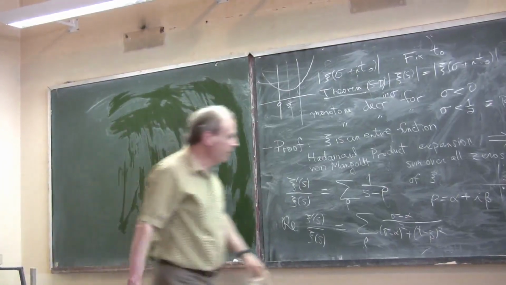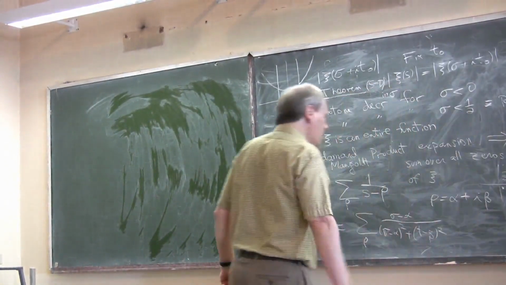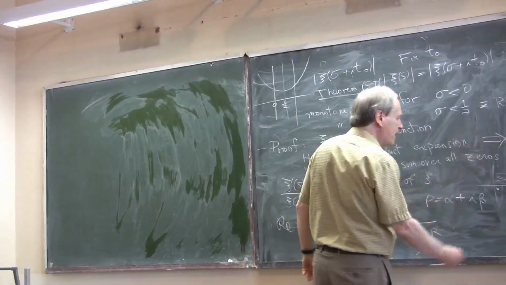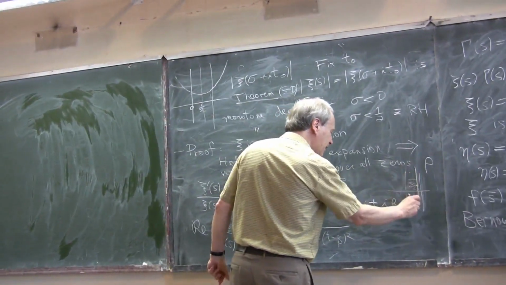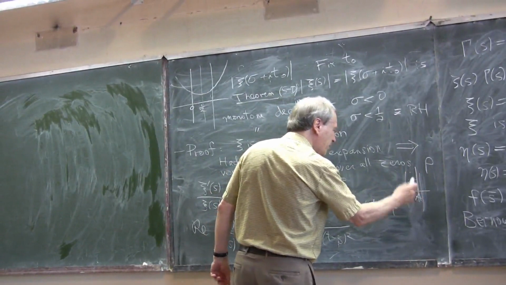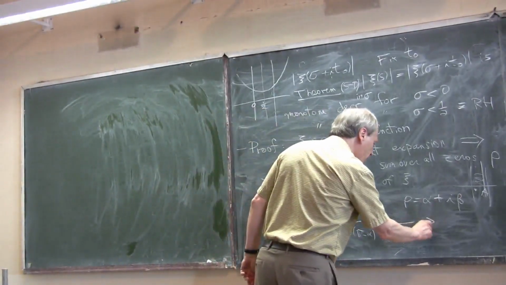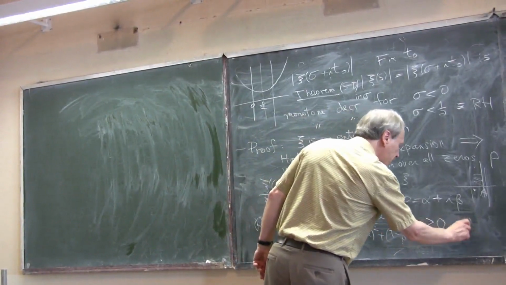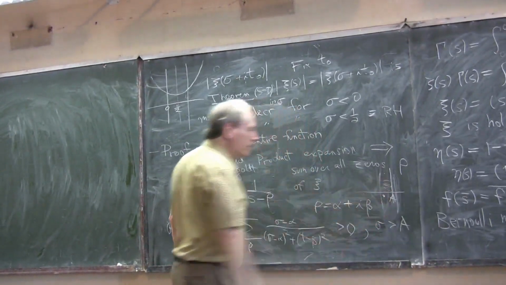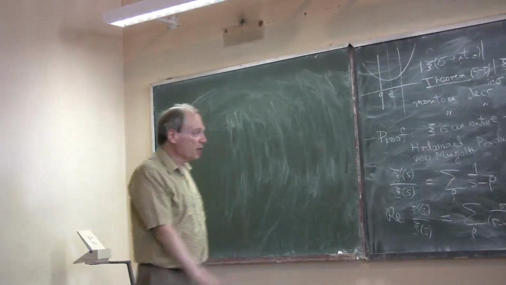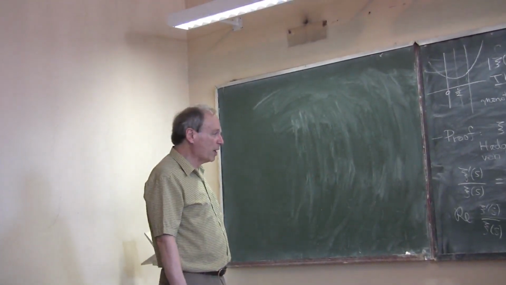And by the way, you look at all these zeros, and you can take the sup of the real parts. Let's just call that A. Let it be the supremum of all real parts. So this is going to be greater than 0, as long as sigma is greater than A. A is the supremum of the real parts of all zeros. And we know that A is less than or equal to 1.